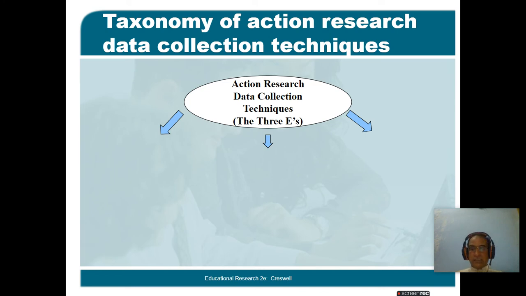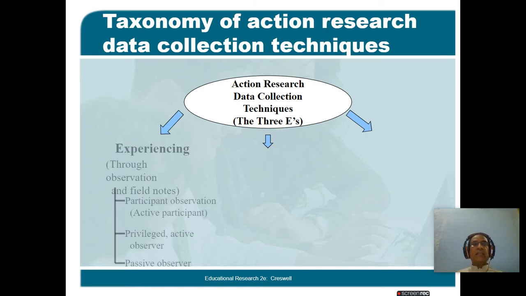The taxonomy of action research is that action research data collection techniques have three E's. The first E is experiencing. Through experience, the researcher takes observations and field notes. He participates, observes, and takes an active part, as a privileged and active or passive observer.